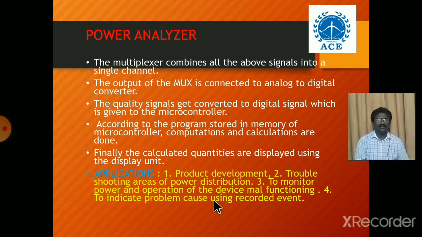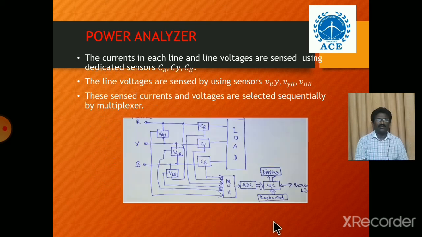So this is the block diagram of the power analyzer. So here the multiplexer combines all the above signals into a single channel. The output of the mux is connected to an analog to digital converter.